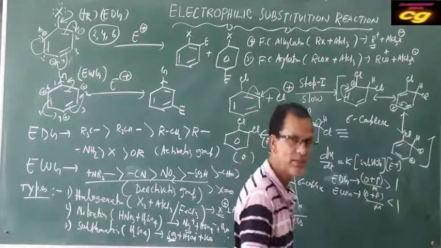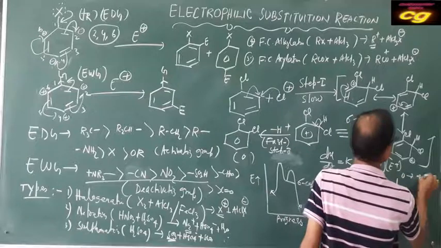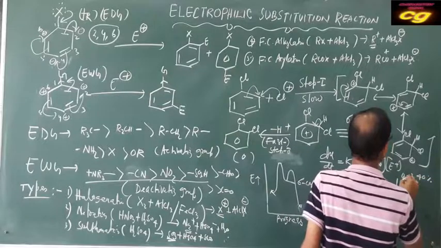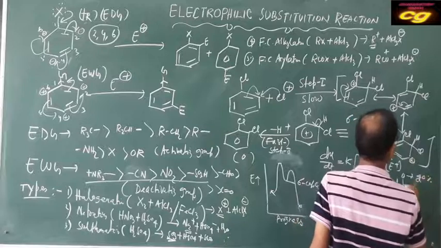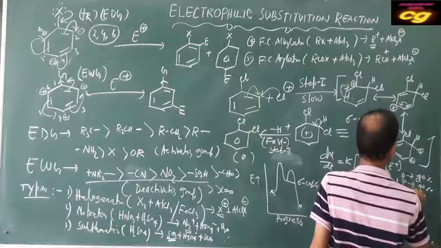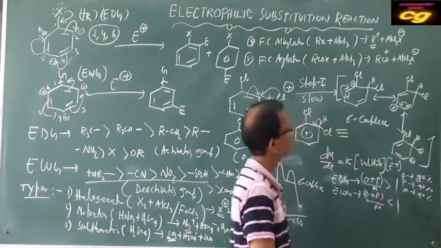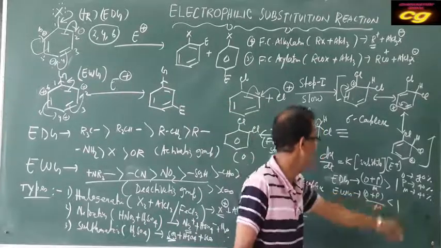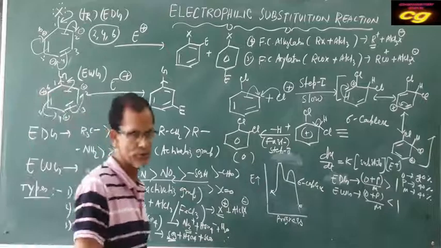But it is observed that ortho will be 30%, para will be 30% and meta will be 40%. But how can we increase the ortho-para ratio?